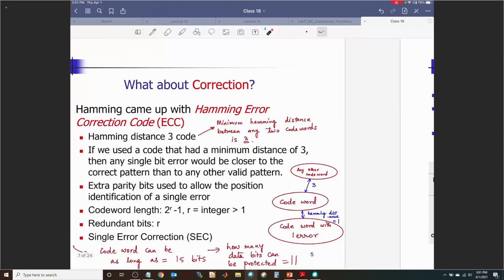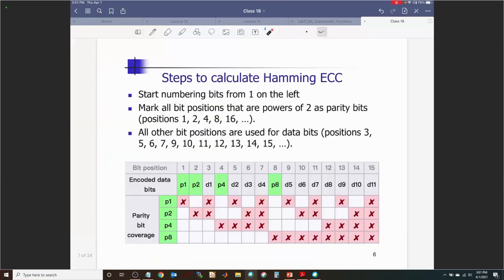Okay. Now let's try to get into the algorithm itself, right? Let's try to see what are the steps we are going to need to calculate the Hamming error correction code. So the goal is the user provides data bits.